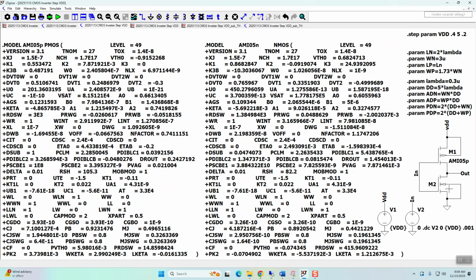But in modern processes, they're kind of making you use one channel length. It's so hard to create these FinFETs that the basic structure is you get one channel length and then they even tell you the width. So in order to get more drive, you put things in parallel.